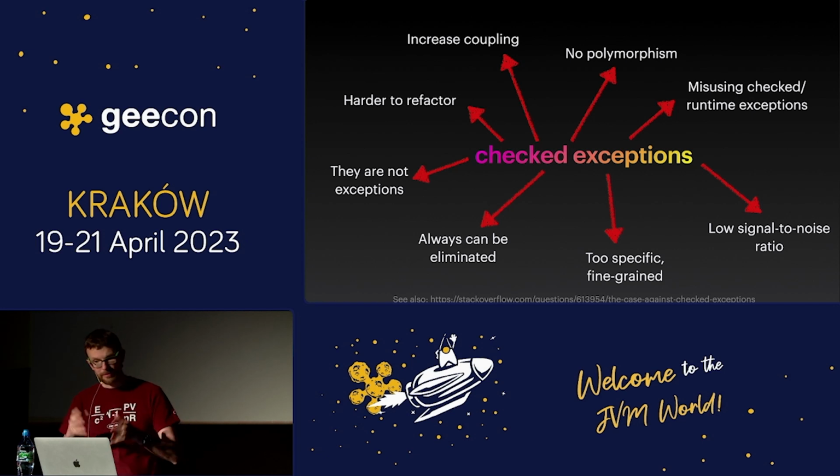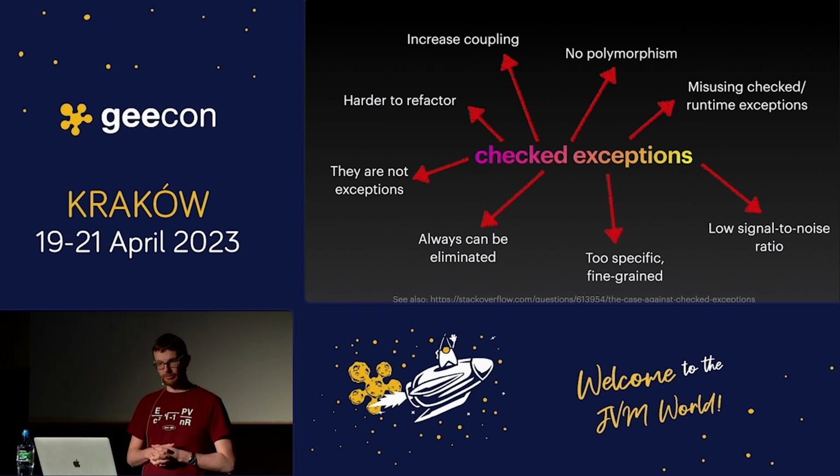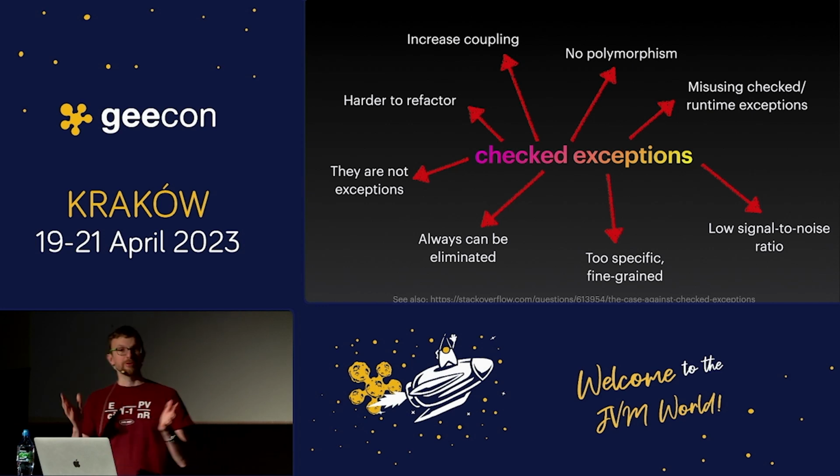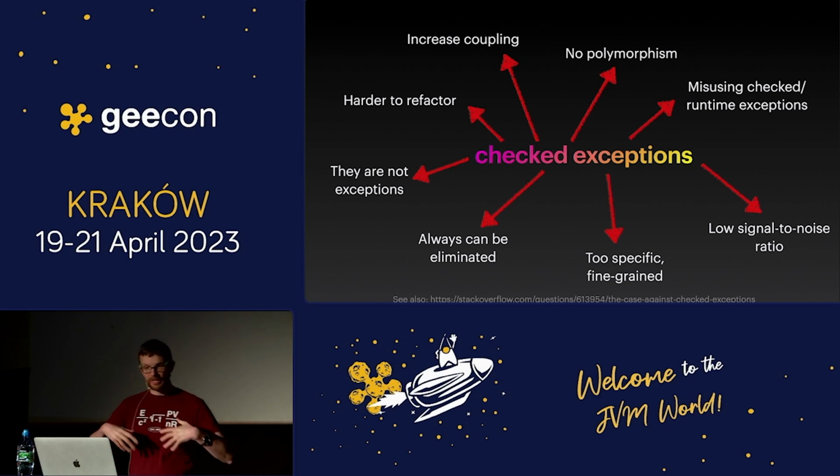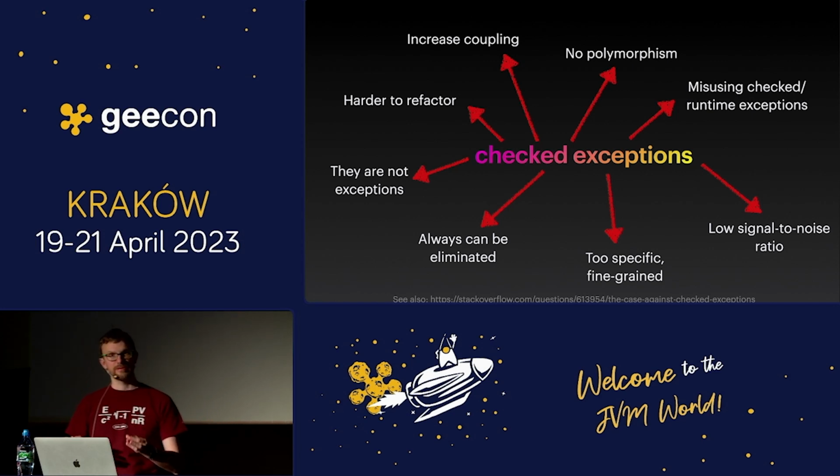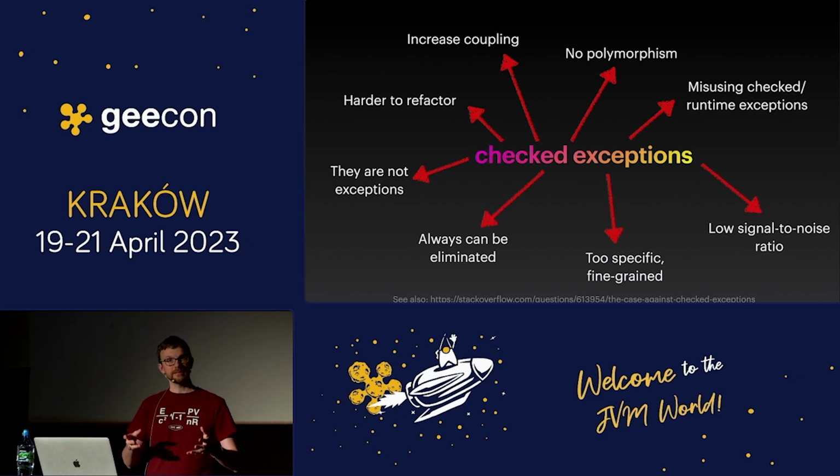There's a couple more of these that you might explore, and you can pick your favorite one. Oh, and an important one is actually no polymorphism. That's also quite common, meaning that you cannot define a generic method which accepts, for example, a closure throwing some exception, and throws the same exception further on. That's especially visible in lambdas.